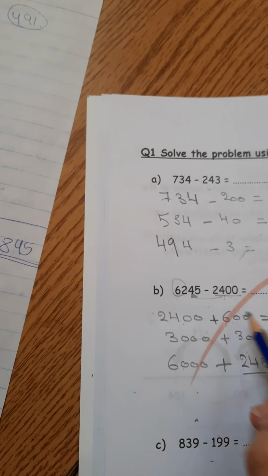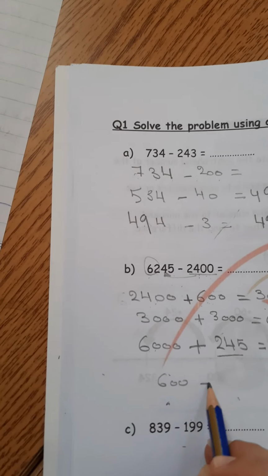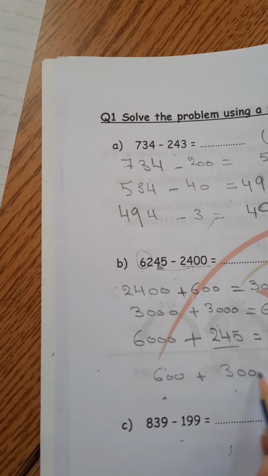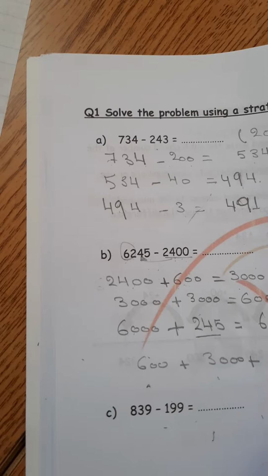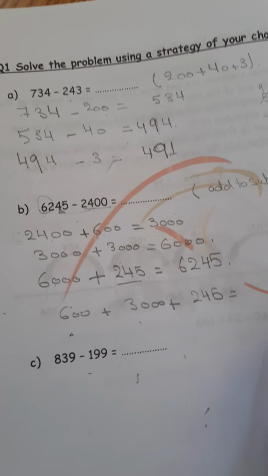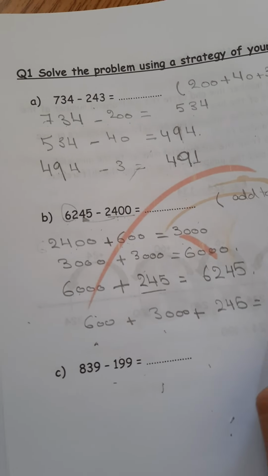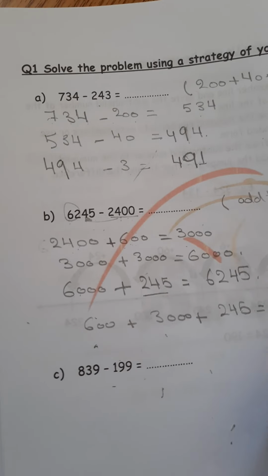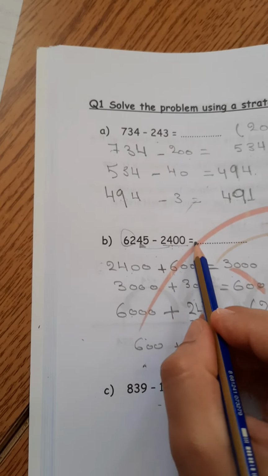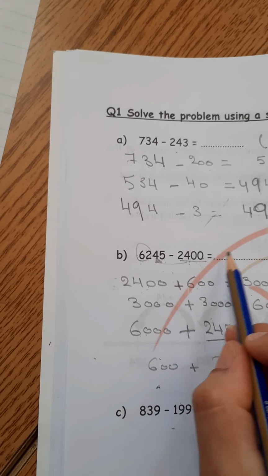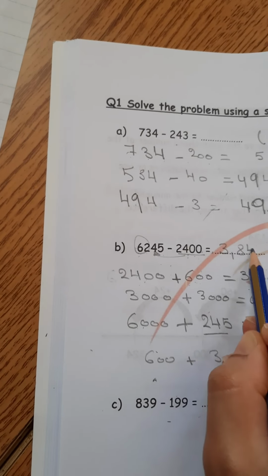Okay, I'm going to take the addends 600 plus 3,000 plus 245 to give me the answer, which is 3,845. This is my answer, and if I do this subtraction together, it will give me also the same answer.